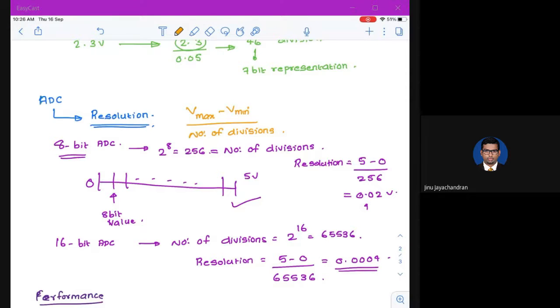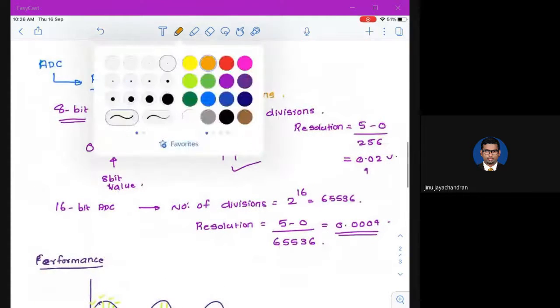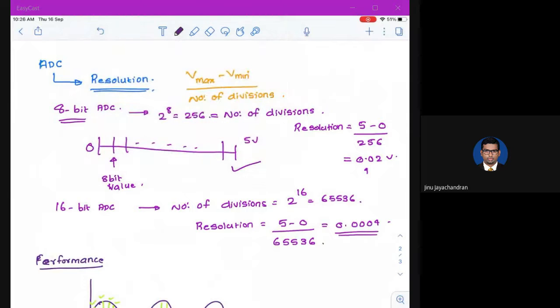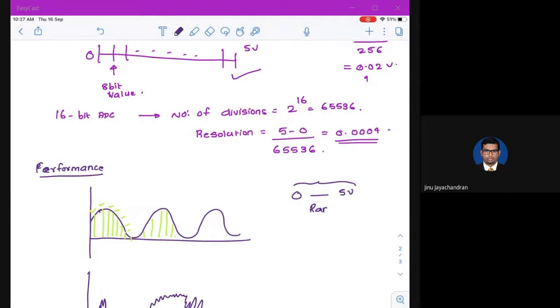And there is one more thing, that is the ADC range. I'll also just mention that one also. So in all our examples, we have told that, okay, ADC is from 0 to 5 volt. This is the range of the ADC. And this voltage usually we call as Vref, the maximum voltage.